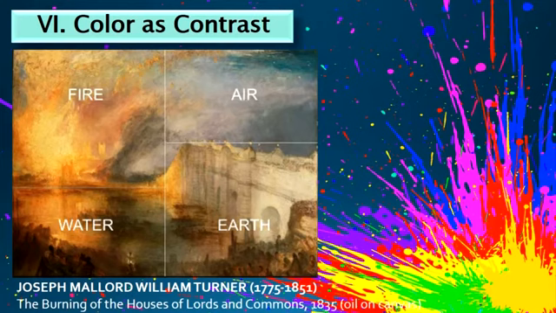So the hot colors of the flames and the reflections, which are the fire and the water, are intensified by the cold colors of the sky and the bridge, the earth and the air.